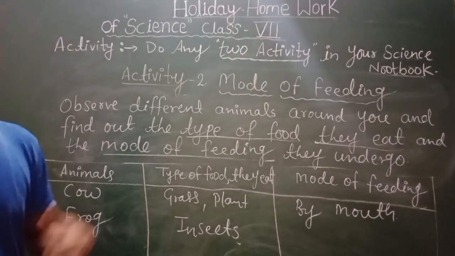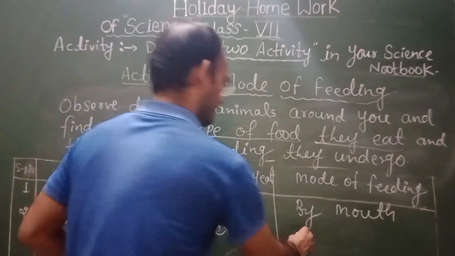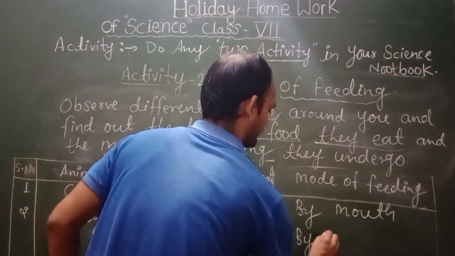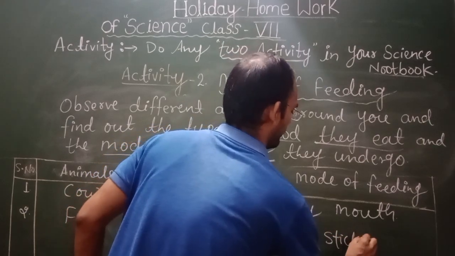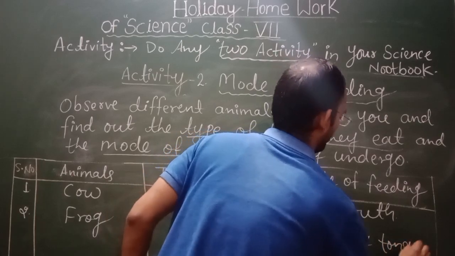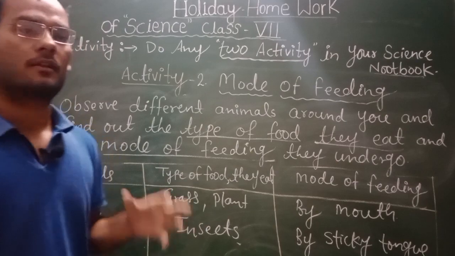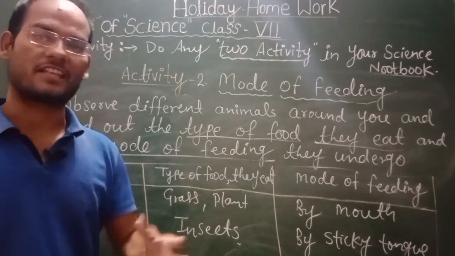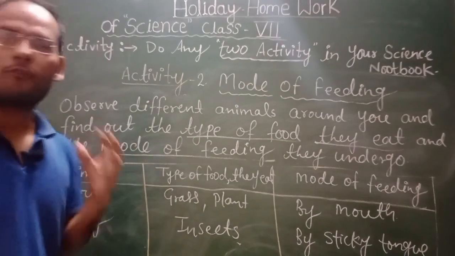And next is mode of feeding, how they take the insect? By sticky tongue. With the help of a sticky tongue, generally the frog catches the insect, and by this way they take their food.